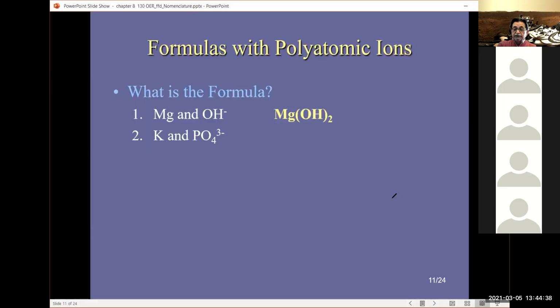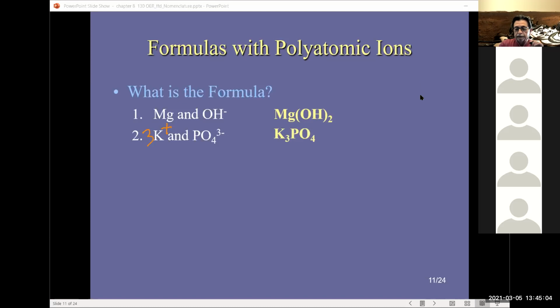And so we have potassium, which we know is in group 1, and it has a +1 charge, okay? We know that potassium has a +1 charge, which tells you that I need 3 of them, because there's a -3 on the phosphate.